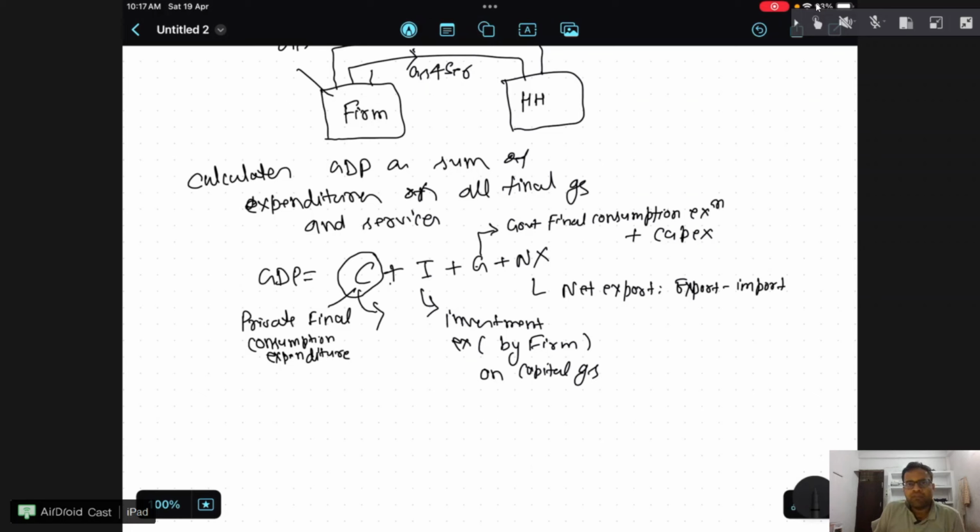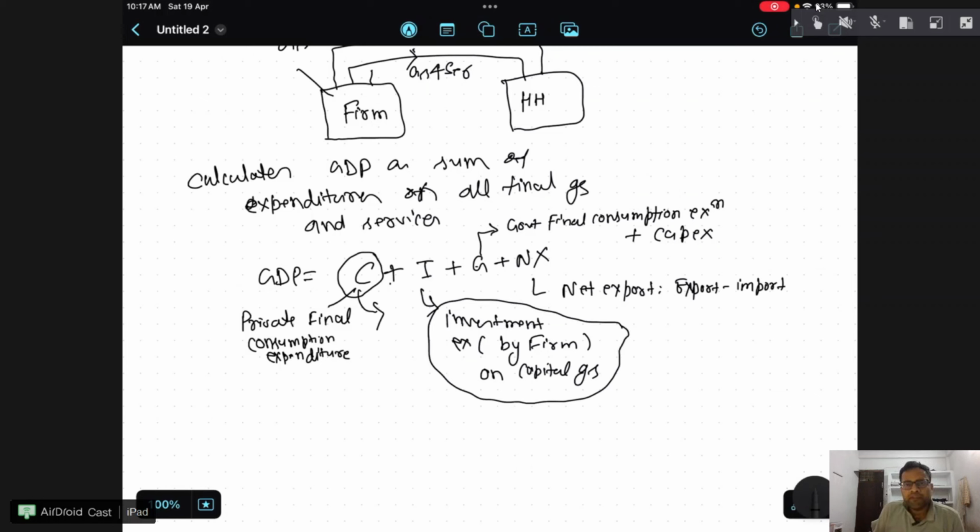There are many goods which firms buy as capital expenditure, such as establishing new machines or new factories, building up a new factory or adding new machines to it. This is known as investment by the firm in capital goods, the second type of expenditure.